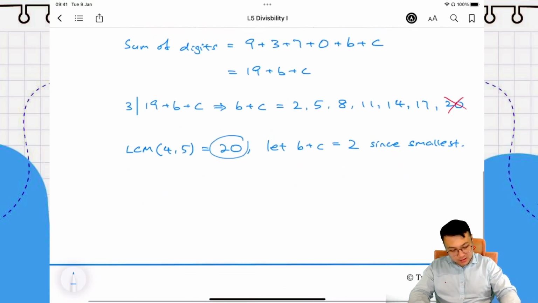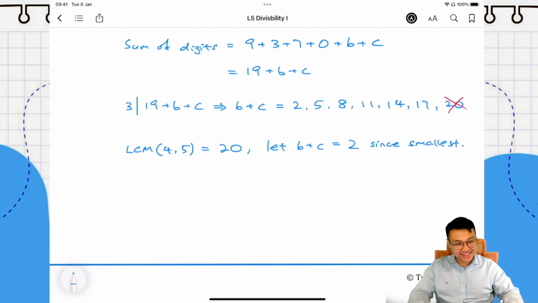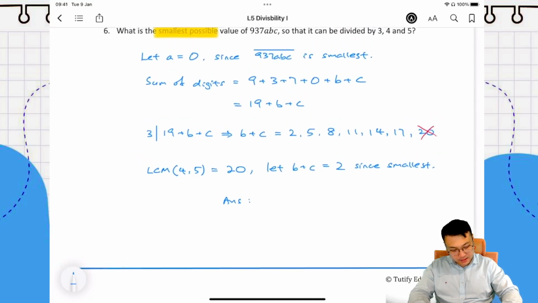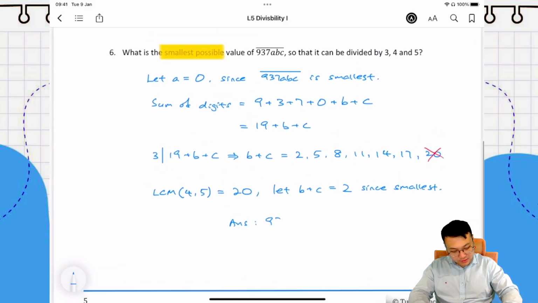So using this and using this, what is B and C? Can it be 0, 0? 2, 0. It must be 2 and 0. Very good.